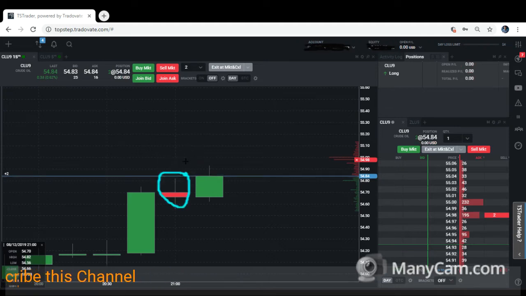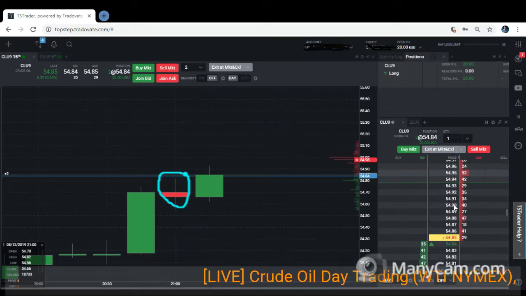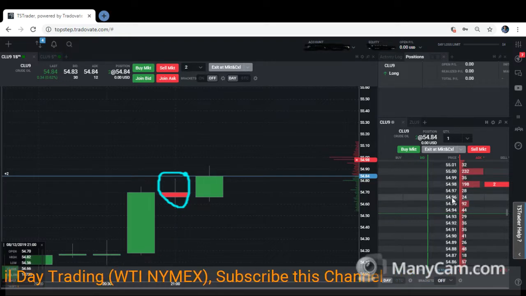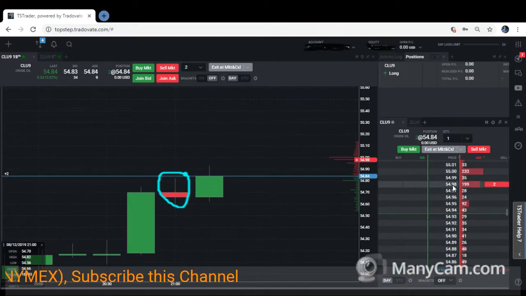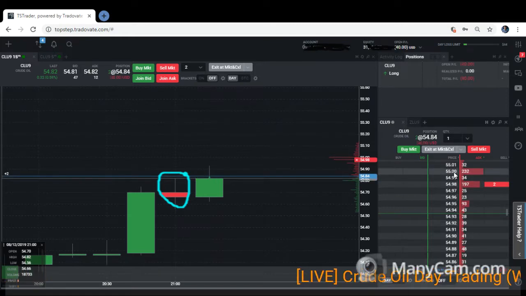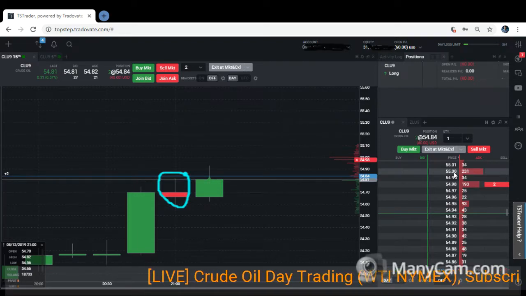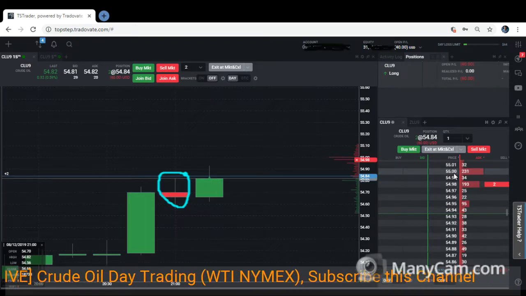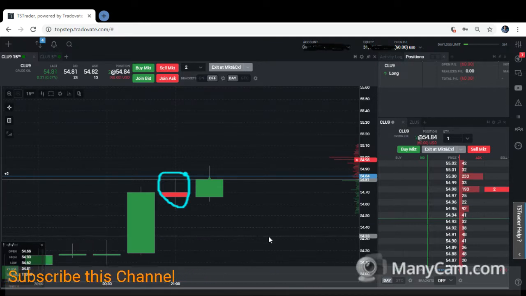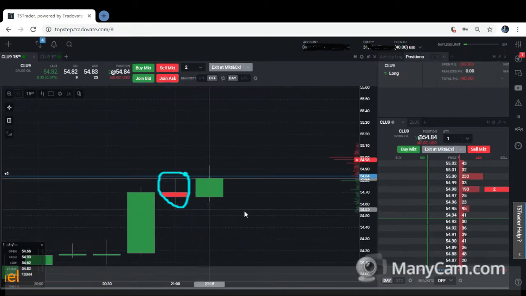You can see there's one red candle, so there's high volume waiting on the upper side at this moment: 54.98, quite a huge number, 54.99, 55.00. Hope this price will be pushed to the upper side. So the stop loss should be somewhere here.